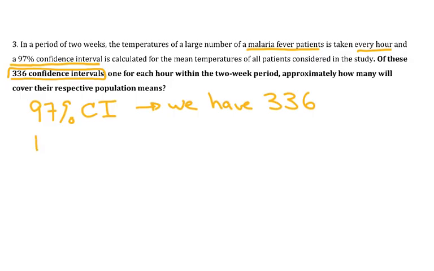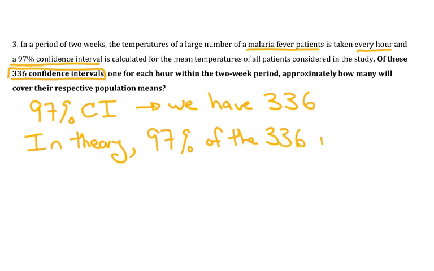So, in theory, 97% of the 336 intervals contain the true mean.